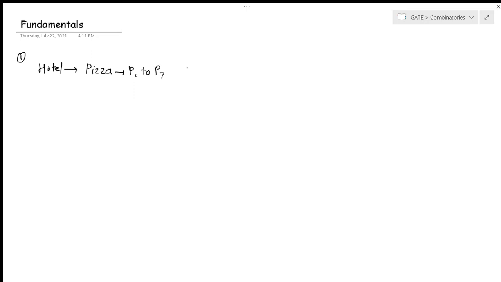There are seven types of pizzas possible, so the natural answer would be seven choices. Either you can take pizza one or two or three or four, and so on up to seven, okay? This was quite a simple example, I guess, right?